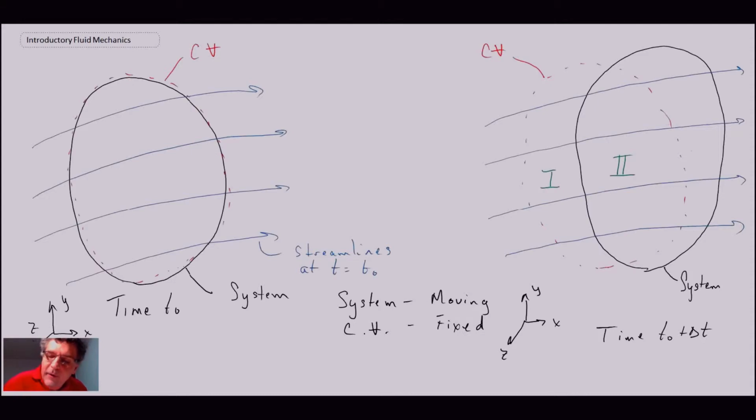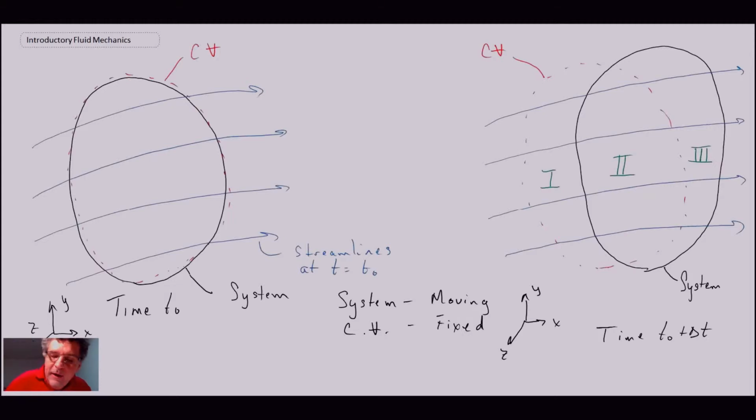And then finally, region 3, defined by the control volume on the left and the system on the right. And I'm going to draw two little differential volumes or elements, one in region 1 and one in region 3, and that's where we're going to be focusing some of our analysis.